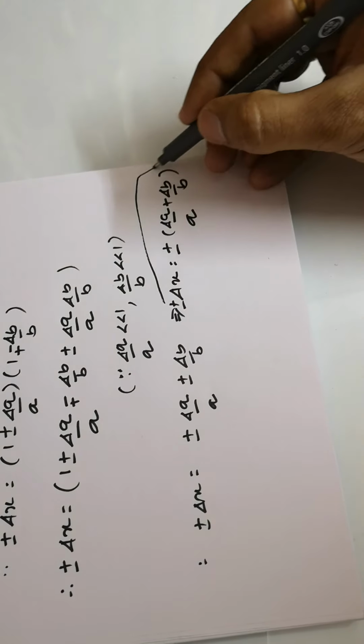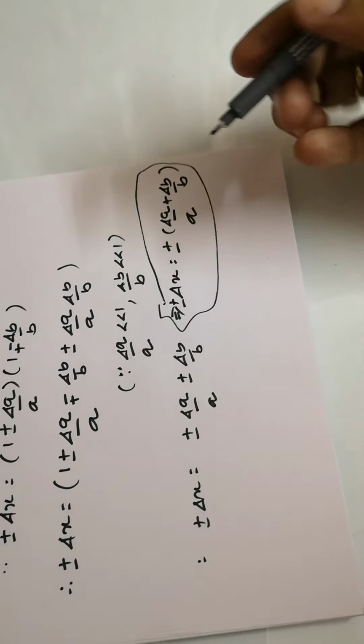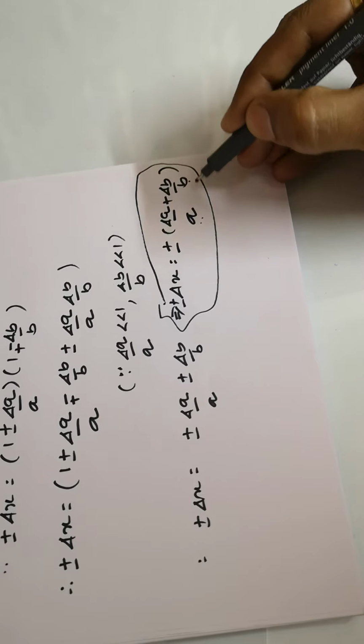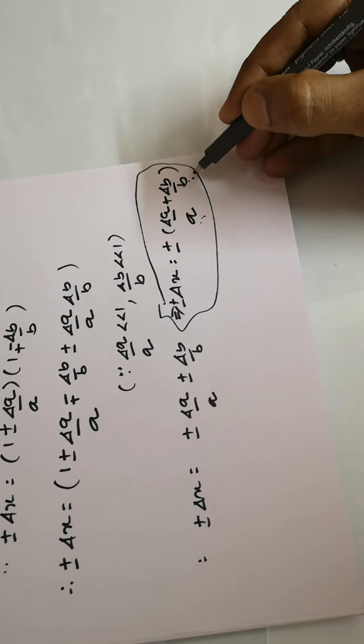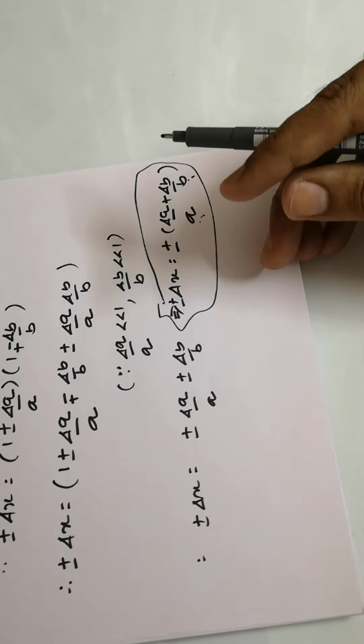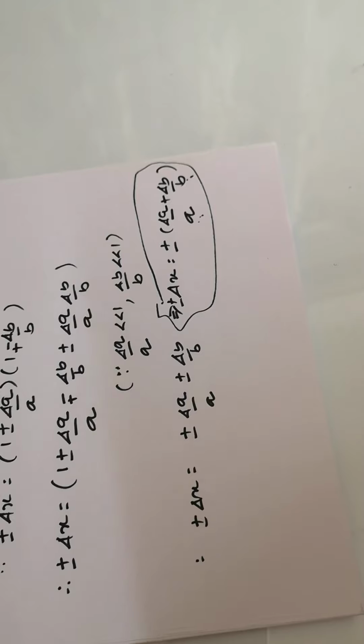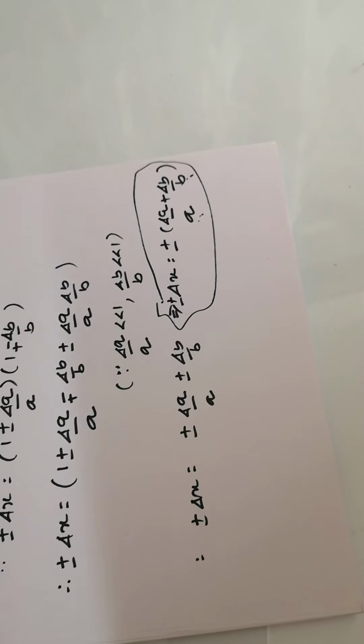So we arrange these terms as plus or minus delta x by x equals plus or minus delta a by a plus delta b by b. This is the same as we discussed in the multiplication rule: it is a sum of absolute errors, equal to the net sum. This is the rule called our divisional rule.